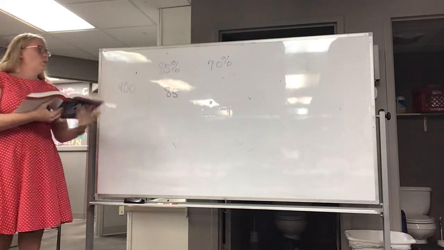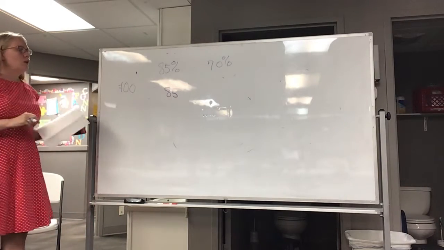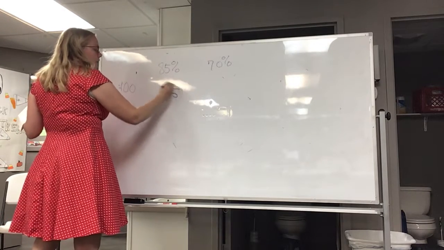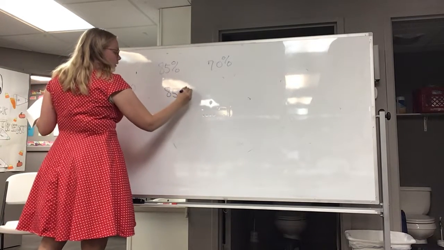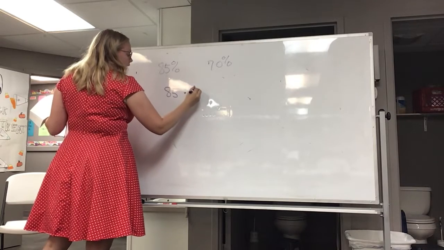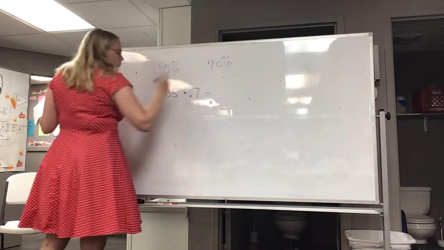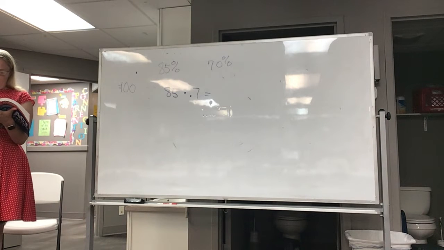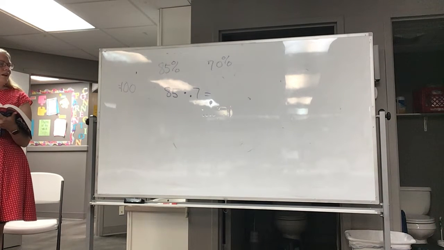And so we're not doing 70% of 100. We are doing 70% of this 85. So 85 times 0.7 to get to the final answer of how many passed both exams.